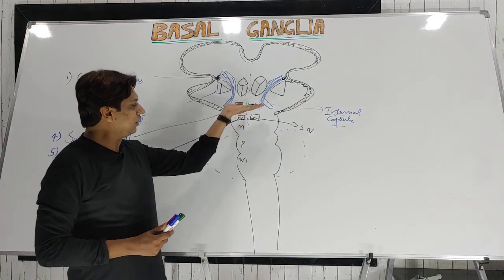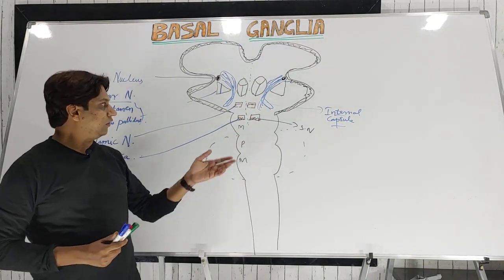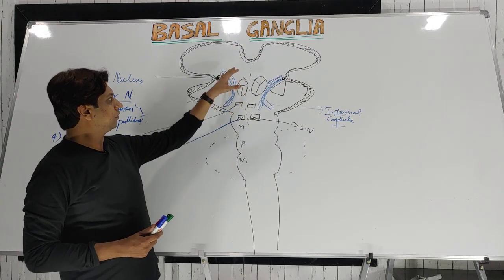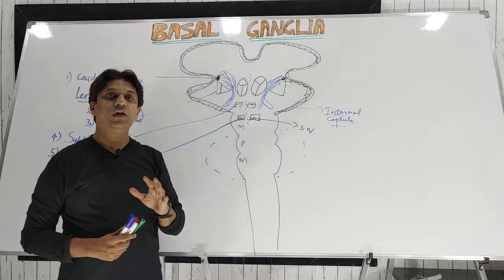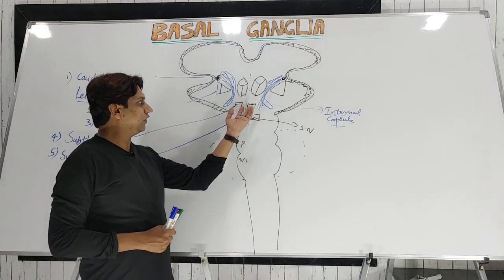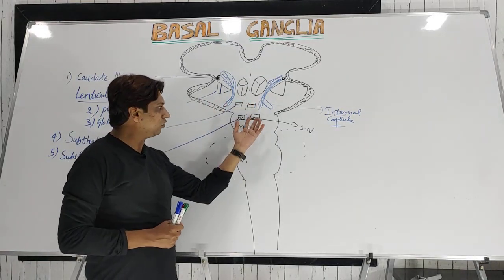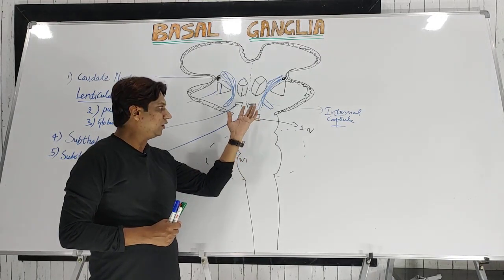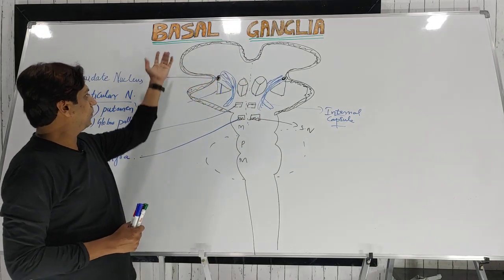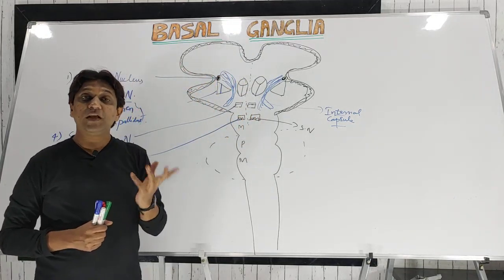Caudate nucleus and lenticular nucleus are derived from telencephalon, whereas subthalamic is a part of diencephalon, and substantia nigra, the only nucleus present in the brainstem in this basal ganglia, is derived from mesencephalon.